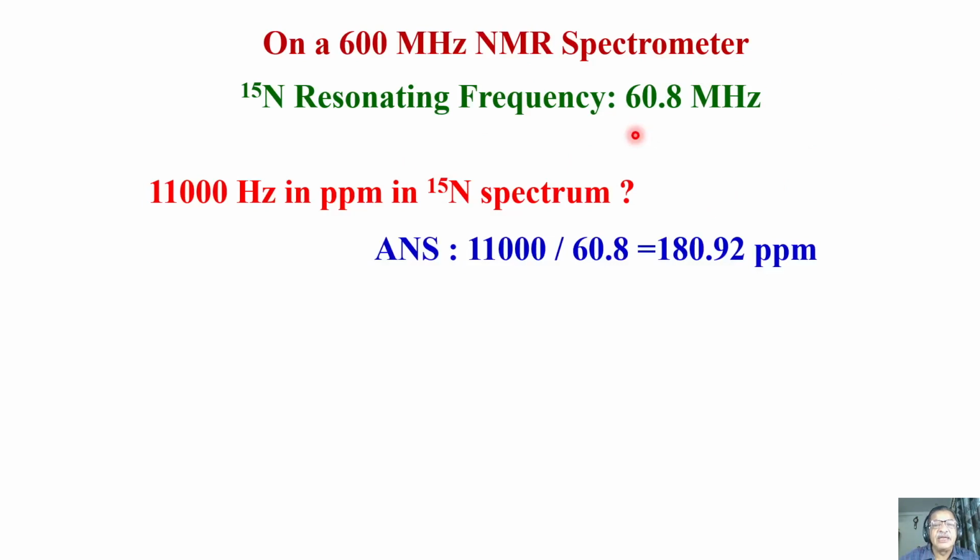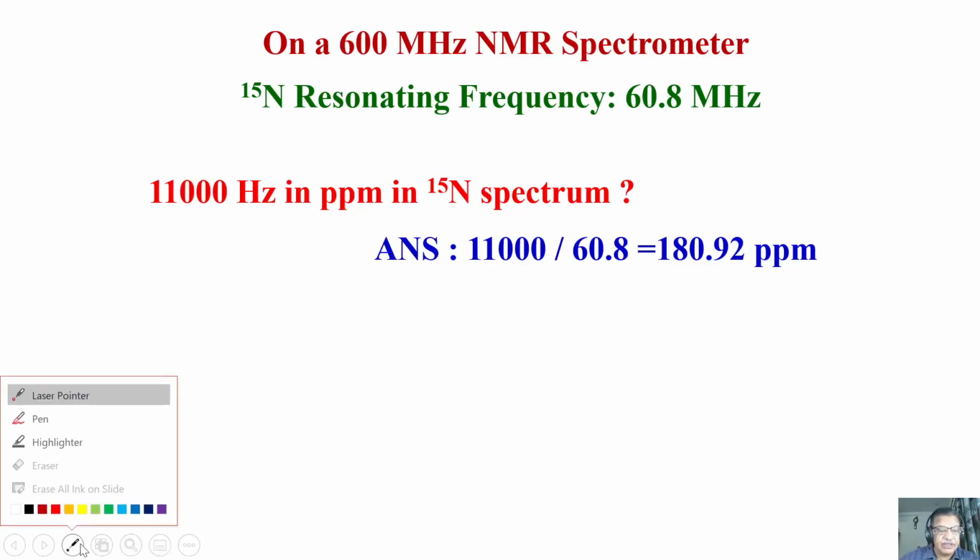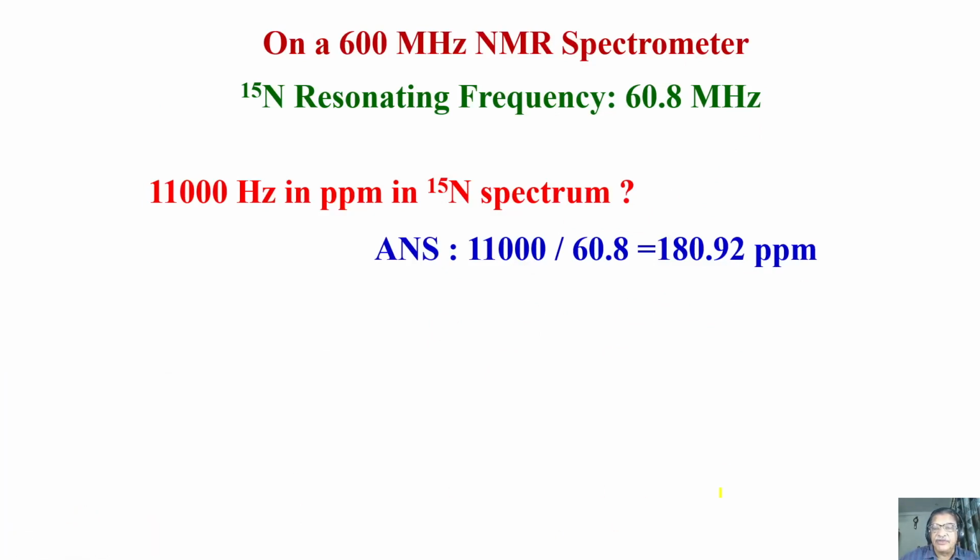Answer is, you have to divide the frequency in hertz by the resonating frequency. So 11,000 divided by 60.8 turns out to be 180.92 ppm.